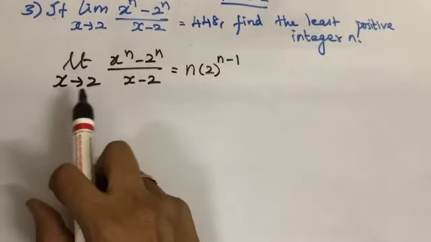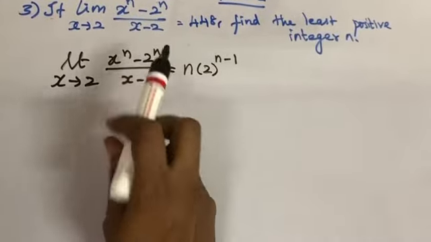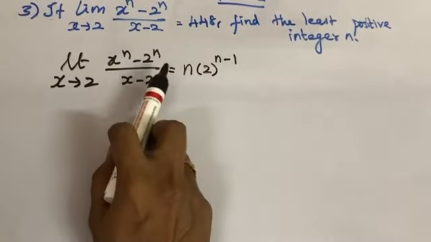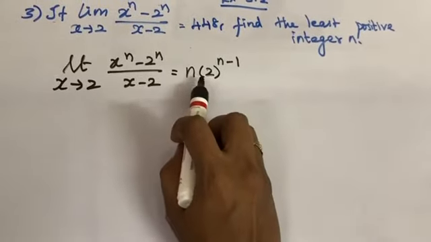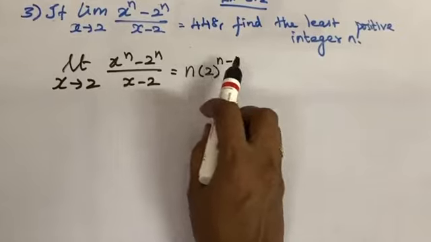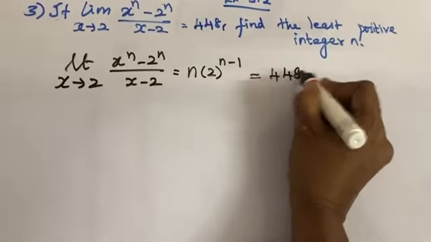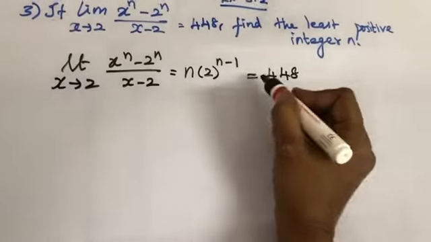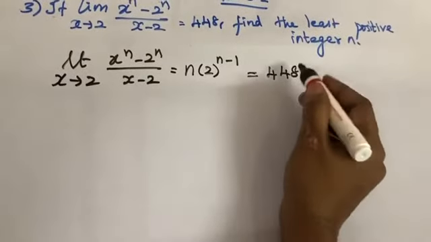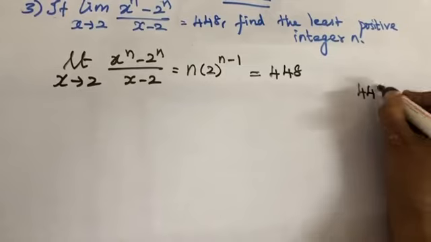So limit x tends to 2, x power n minus 2 power n divided by x minus 2 is equal to n into 2 power n minus 1, and that is equal to 448. Now we have to write 448 in the powers of 2.